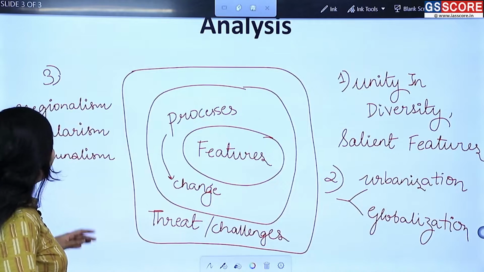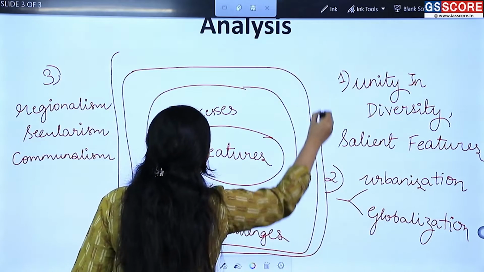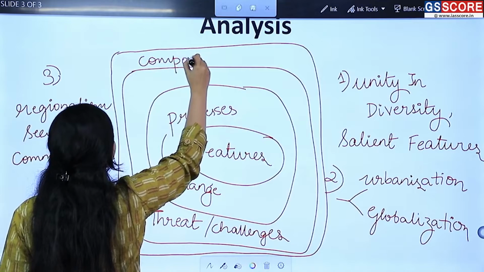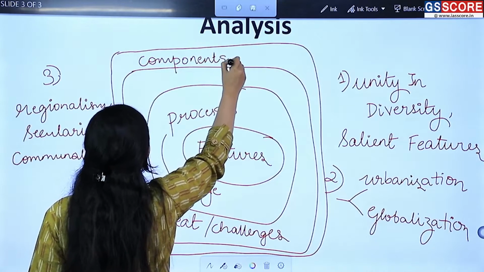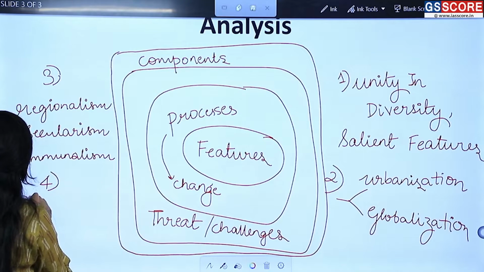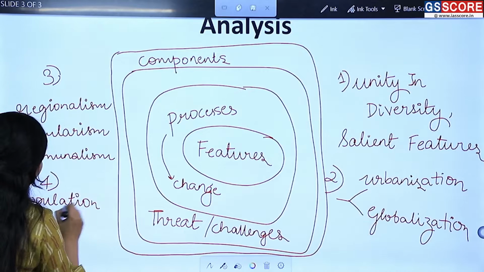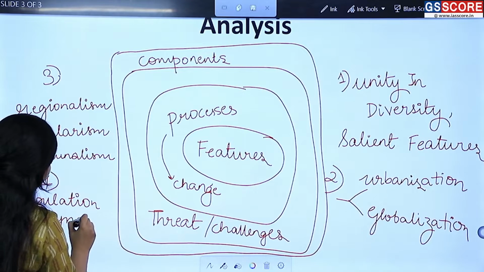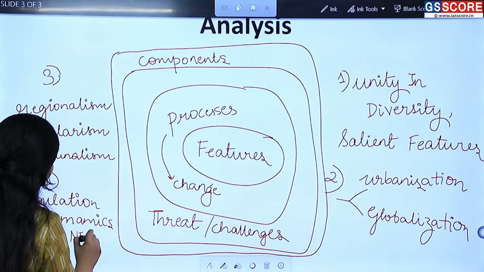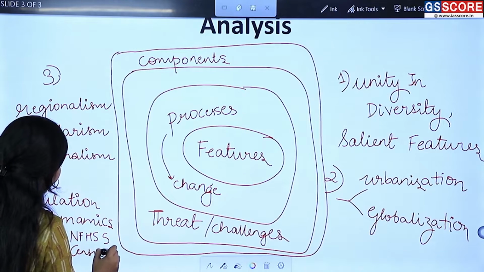Okay. Then we can look at what are the components of the population that undergo changes. There is a process of interaction associated to this. Here we can include population dynamics, population study, the National Family Health Survey 5 is of utmost importance, along with Census 2011.